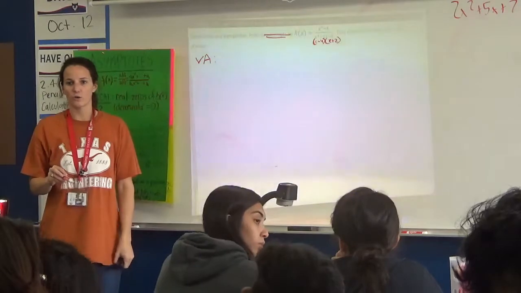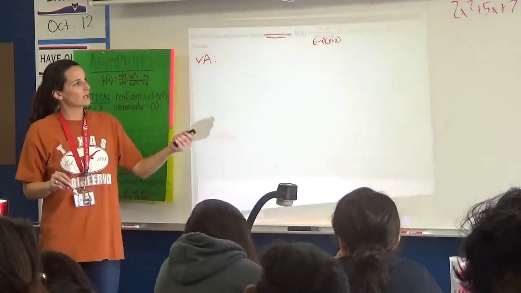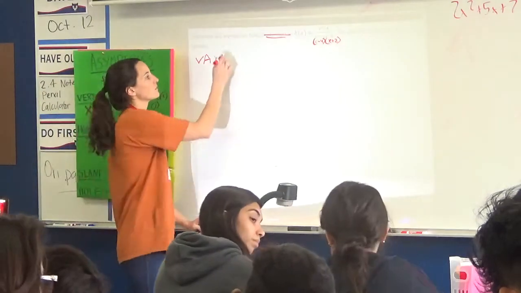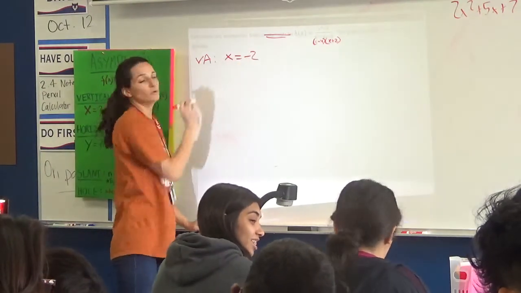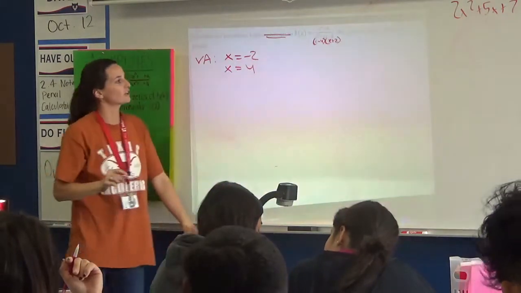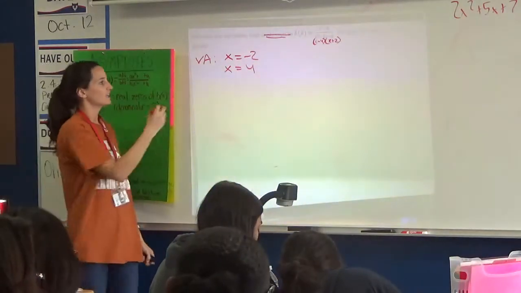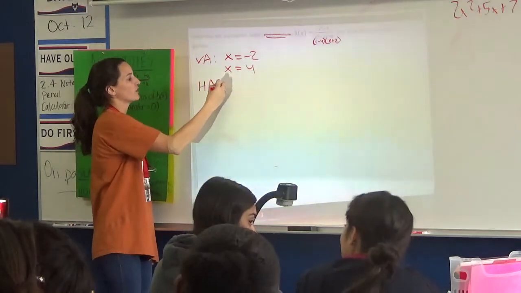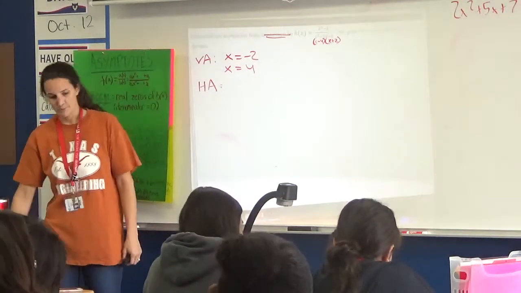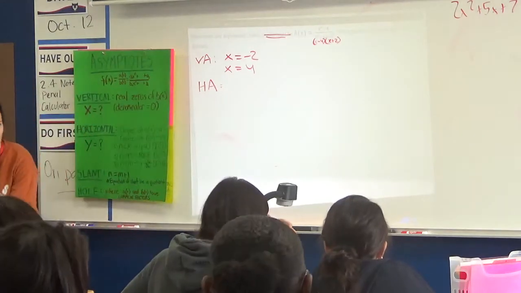So let's go with Martin. What would we get as our 2 vertical asymptotes? -2 and +4, interesting, okay. And then let's move on to our horizontal. Jamie Lynn, over to you. Bigger on bottom, top, or are they the same?